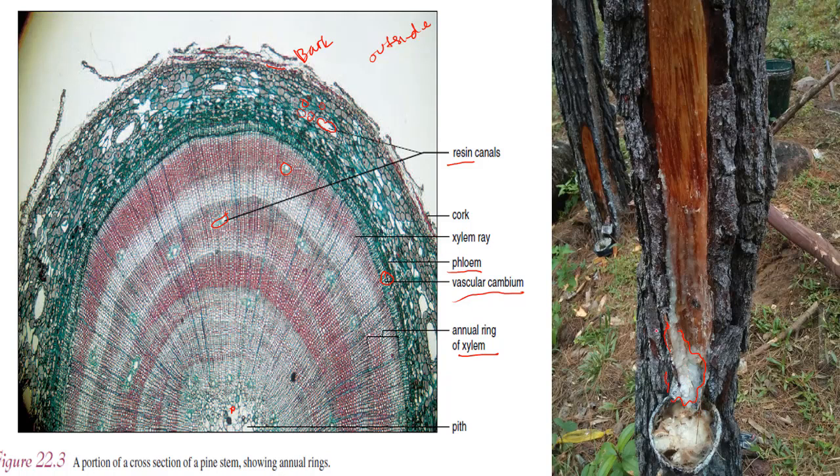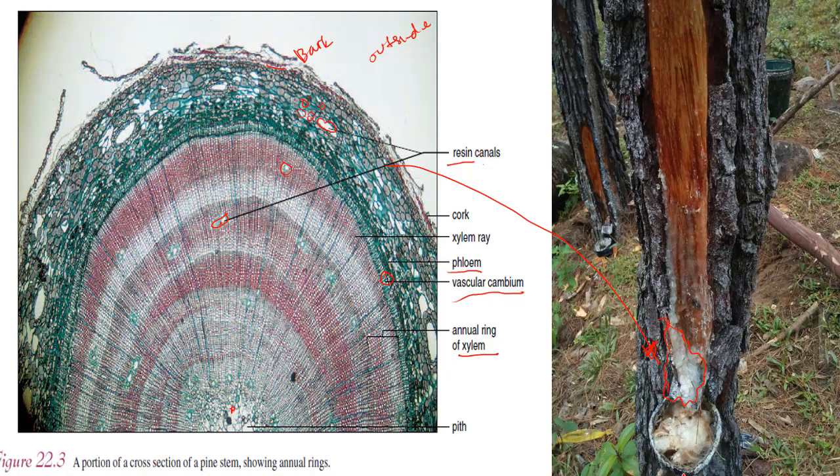For example, we use resin in paint products, and some cosmetic products also use resin. This structure, the resin canal, produces this substance, which is very useful for humans. Like I told you before, resin has many functions that we can use in our lives. That's the structure of the stem.